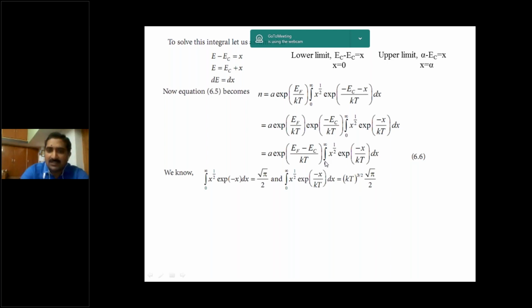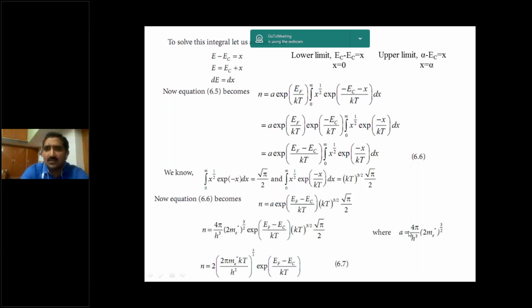By substituting the integral value in the above equation, we get N is equal to A into exponential of (EF minus EC) by KT, and the integral term value is (KT) whole power 3 by 2 into root pi by 2. What is A? A is equal to 4 pi by h cube into (2m star) whole power 3 by 2.